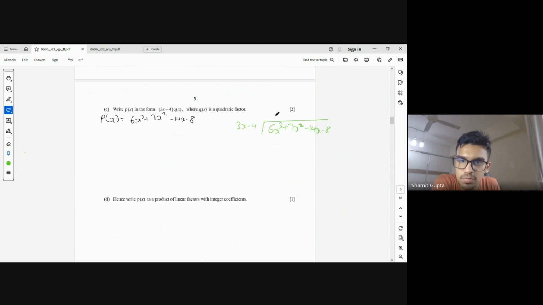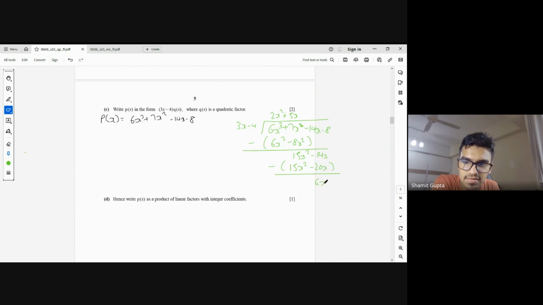This is 3x cubed. This will be 2x squared here. Minus 6x cubed minus 8x squared. So this will be plus 15x squared minus 14x. So I can do plus 5x here, minus 15x squared minus 20x.